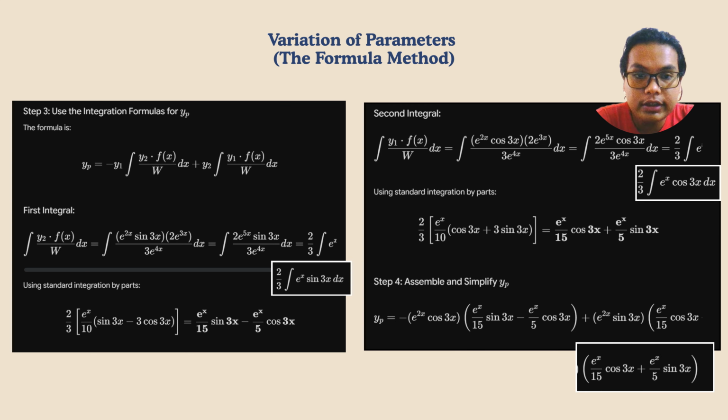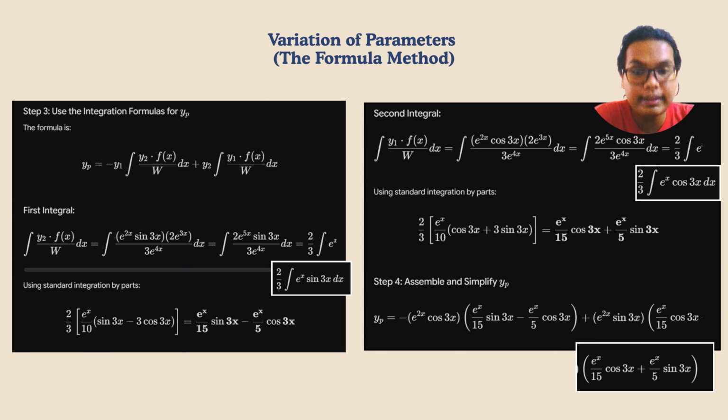Again using standard integration by parts, we get 2/3 times e^x over 10 times (cos 3x plus 3 sin 3x), which equals e^x/15 cos 3x plus e^x/5 sin 3x.